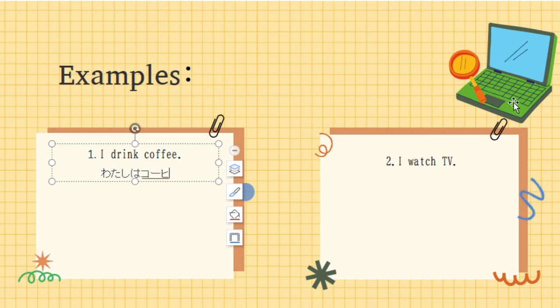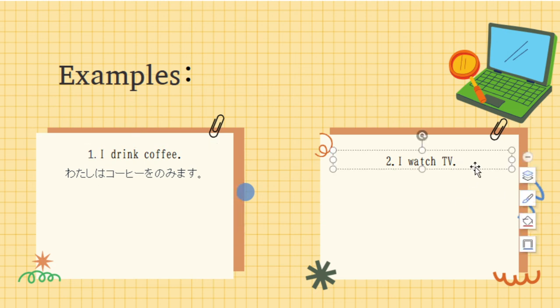Kohi o. If the wo is used as a particle, it is pronounced as o. So watashi wa kohi o, drink is nomimasu. So we have watashi wa kohi o nomimasu.